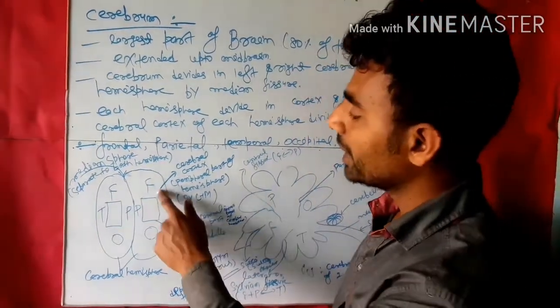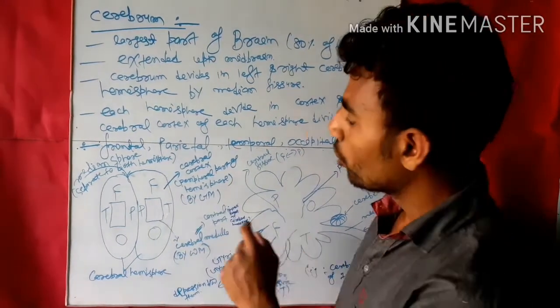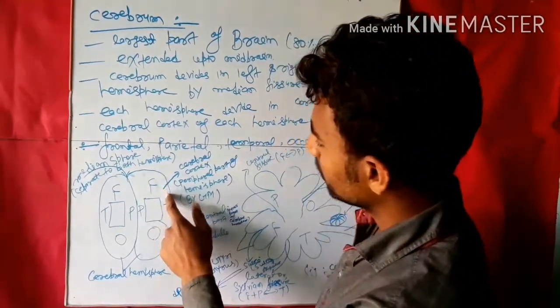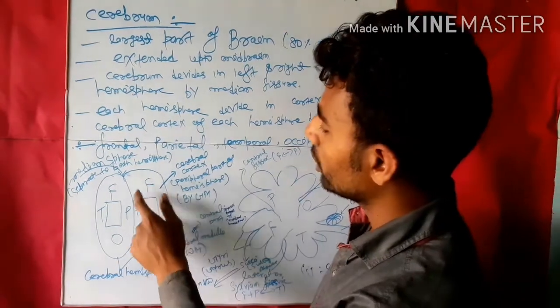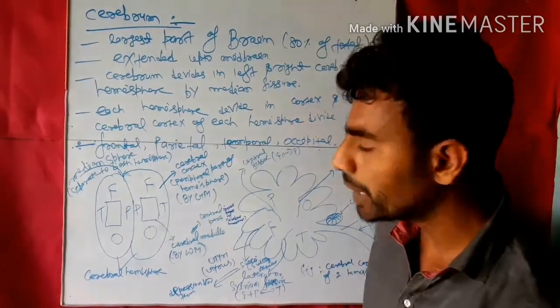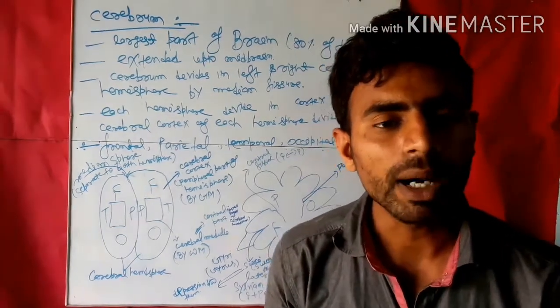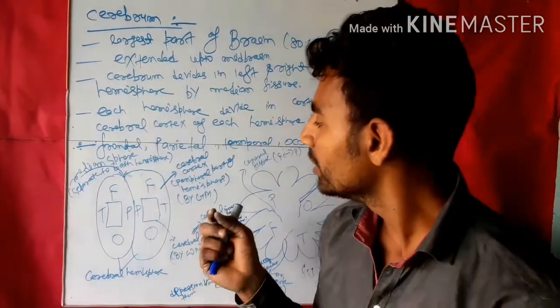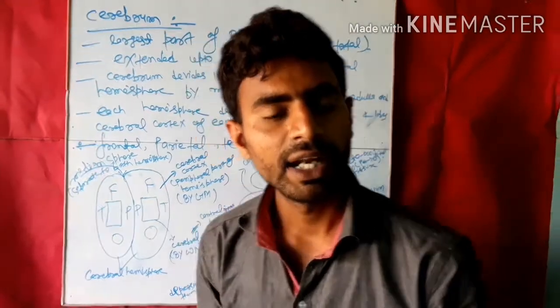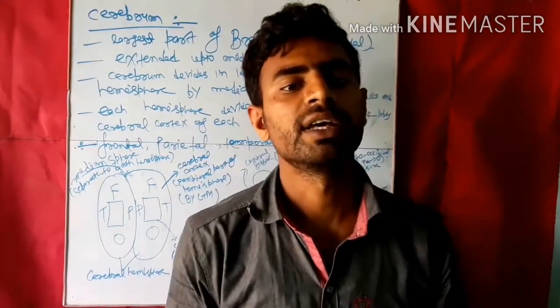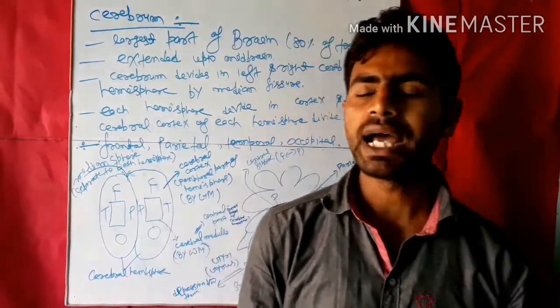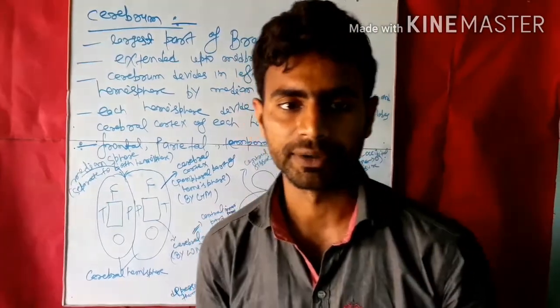The cortex is called the cerebral cortex. This means the peripheral part of the hemisphere is the cerebral cortex. Its color is gray, so it is called gray matter.